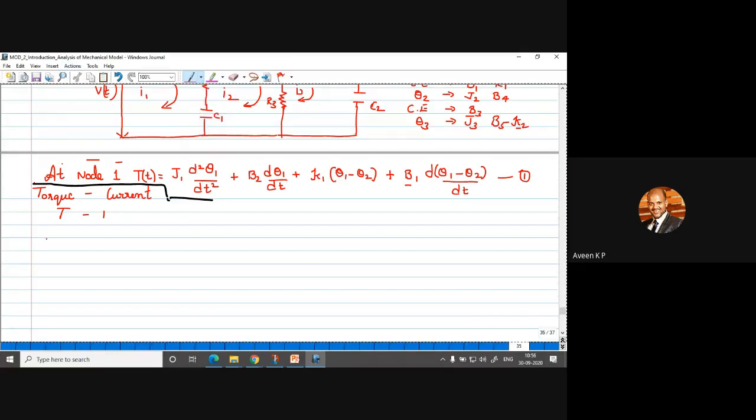So we will consider torque in terms of current I, and J in terms of C, and B as 1 by R, K as 1 by L, and again we consider theta as flux.